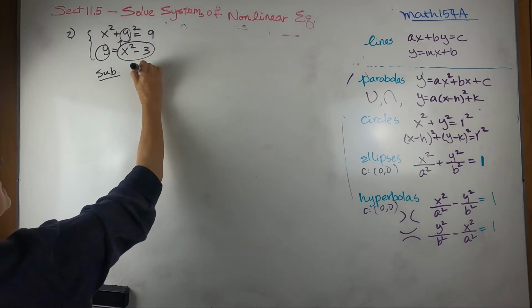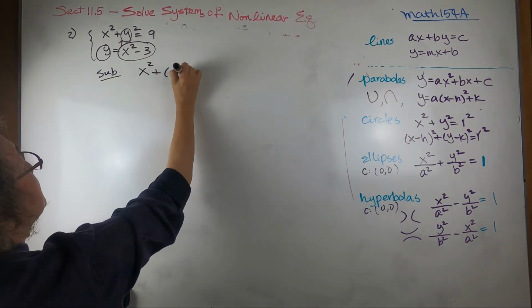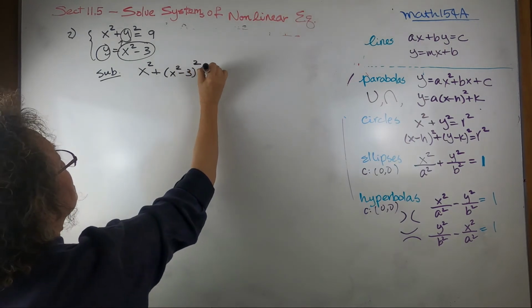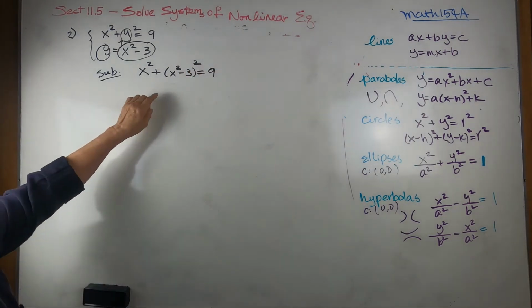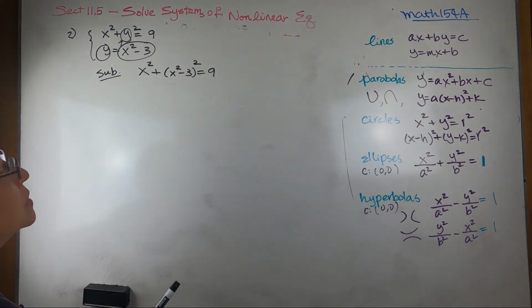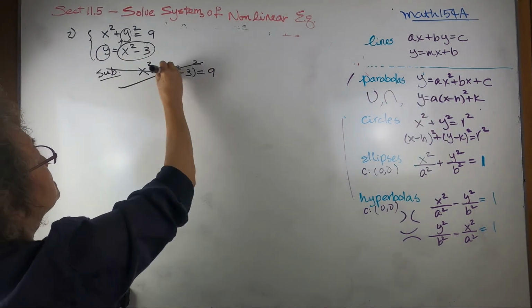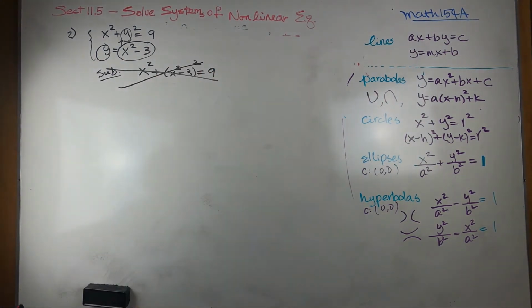Then what do you have? x squared plus y is x minus 3. Take the square, equals 9. If you do that, then you have x squared squared, x to the fourth power. It's hard to solve, so it may not be so desirable, right?